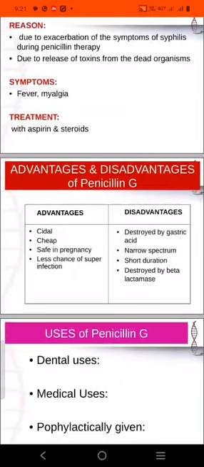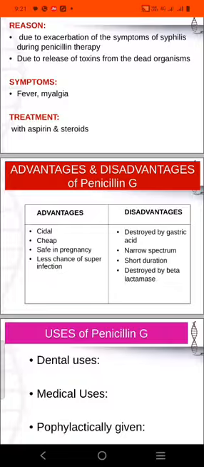Now the advantages and disadvantages of penicillin G. It has bactericidal activity and is very cheap. It is safe in pregnancy because it is not a teratogenic drug. Less chance of superinfection.